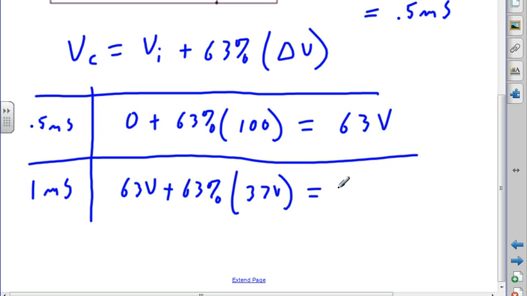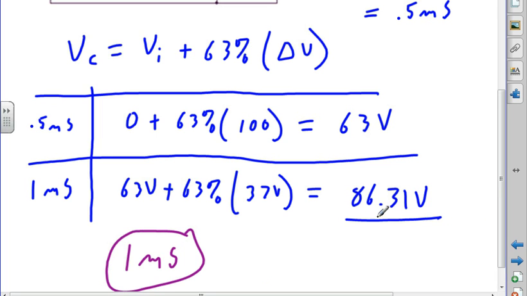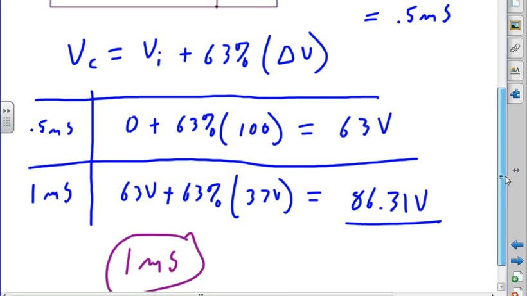Now I take my calculator, 63 plus 0.63 times 37, 86.31 volts. I want to go to 86, so the answer is 1 millisecond, and I'm going to be charged to 86 volts.